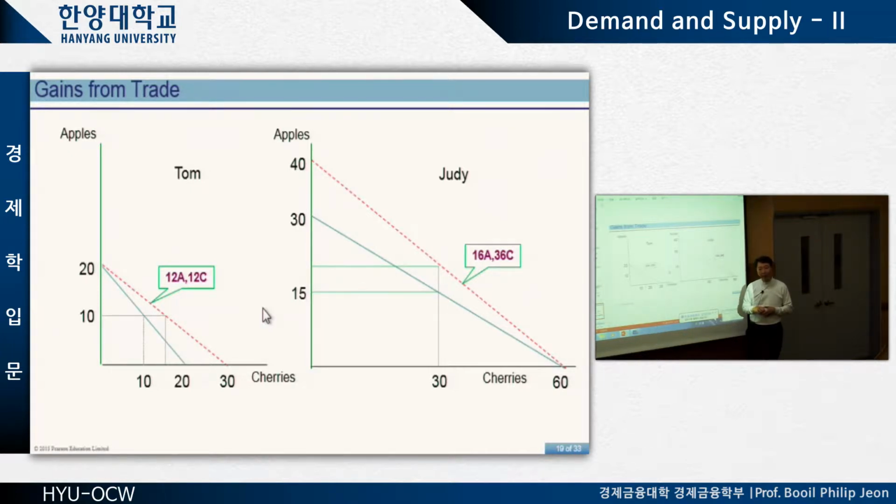If she can find another trading partner like Tom, who has competitive advantage in apples, let's say Jack, another person who produces apples, then certainly she can bring the entire area under the red dotted line into her consumption possibility. So think about international trade.